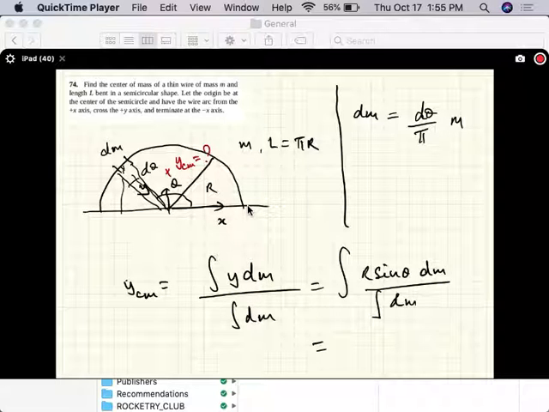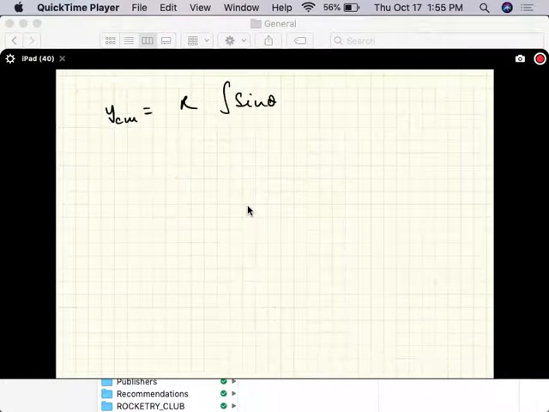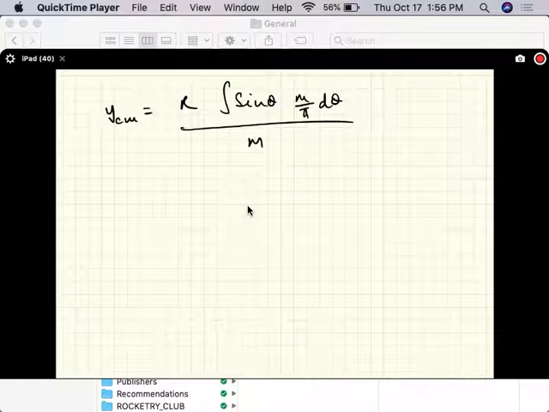Before, the sum of all those little pieces is capital M, so I'm going to write that down: the integral of r sine theta dm, divided by M. Now r is constant, dm is m by pi d theta, divided by m. And now what is the integral over?